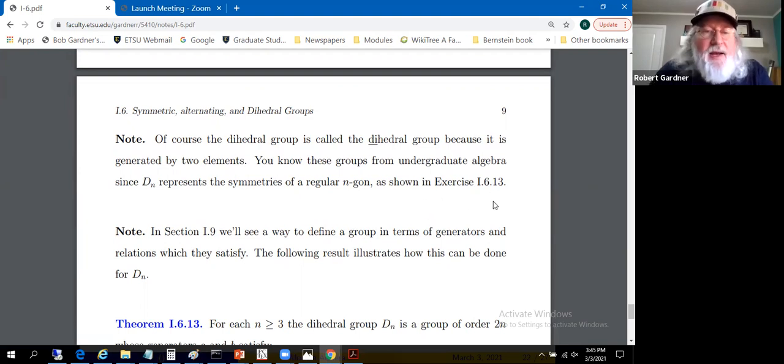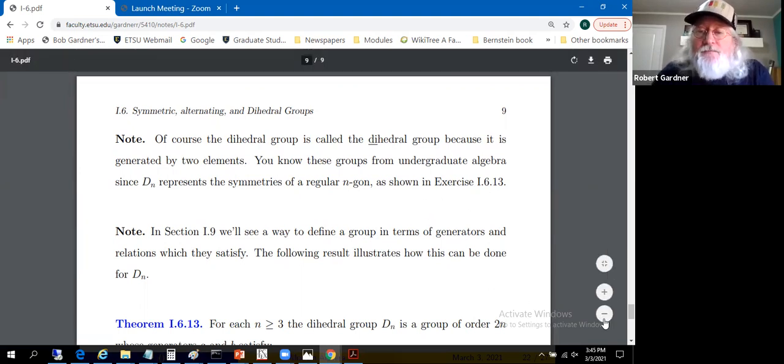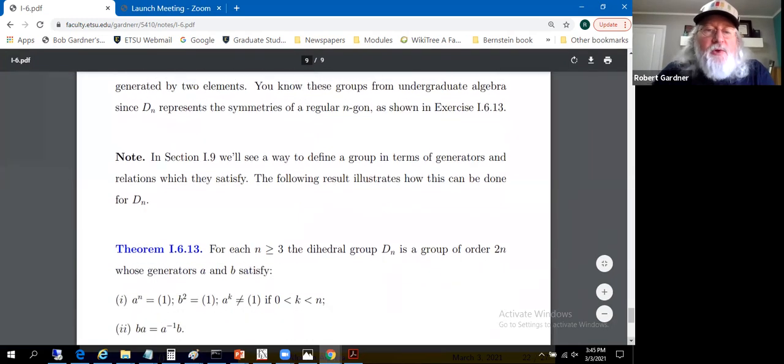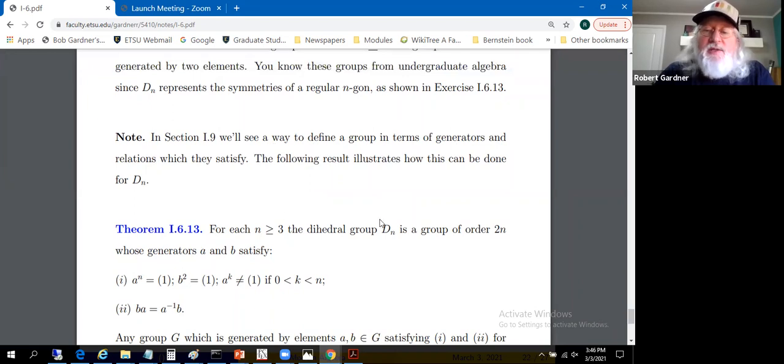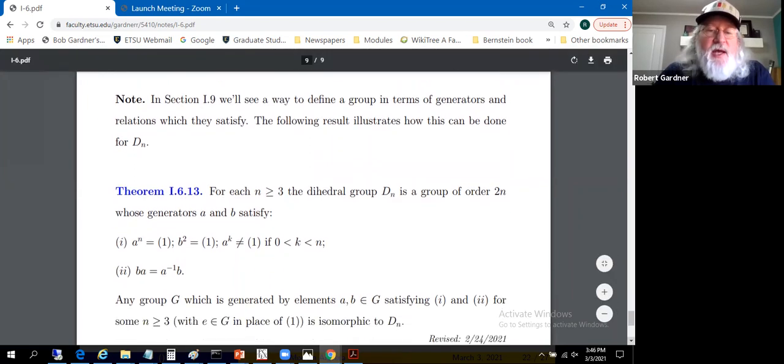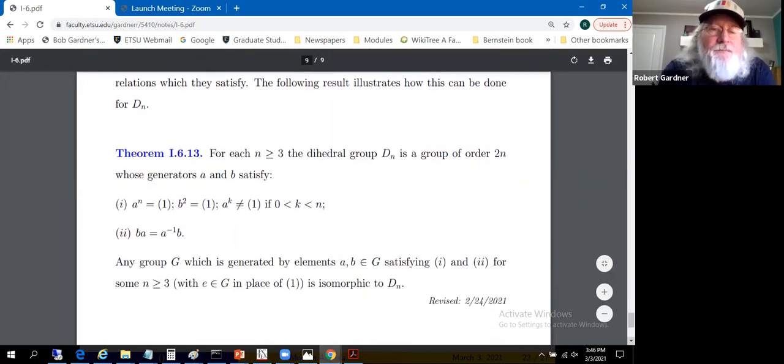Some discussion of that in one of the exercises. We'll look a few sections down the road at a way to define a group in terms of generators and relations which they satisfy. This next result, last one in the section, could be recycled as a presentation of a group. We're not quite there yet.